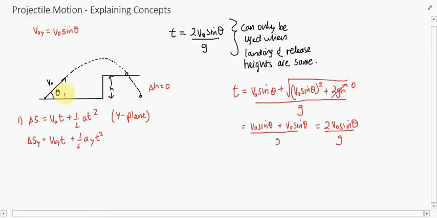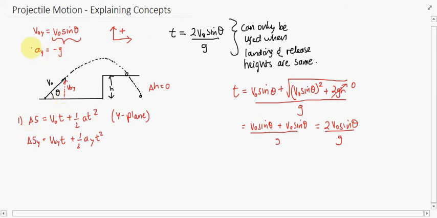In other words, the vertical component of the initial velocity is defined by this formula. We also know that the acceleration in the y direction is just negative g. Remember that our convention is that anything going up and to the right is positive, so anything going down and to the left is negative.